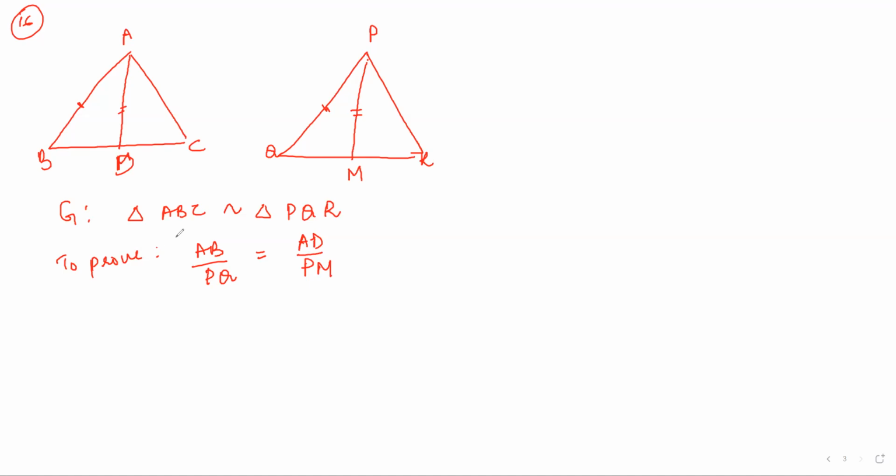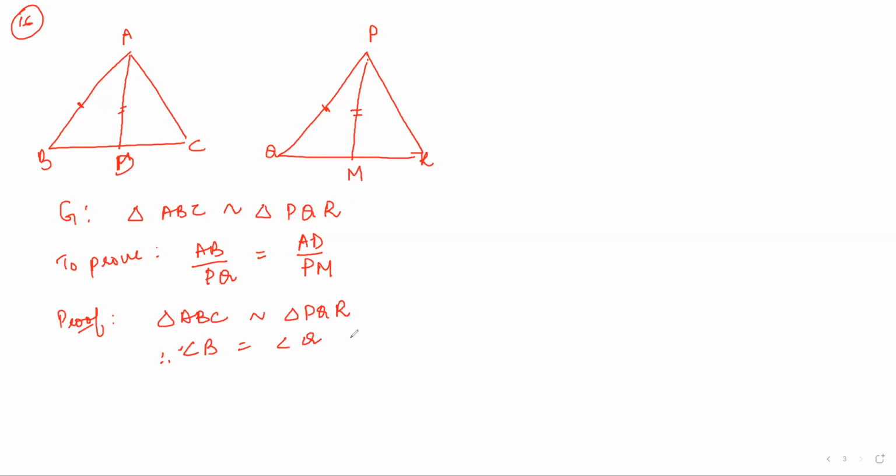But I'm given the complete triangle to be similar, so I'll start with the given condition. Triangle ABC is similar to triangle PQR. So when the triangles are similar, can I write angle B is equal to angle Q?